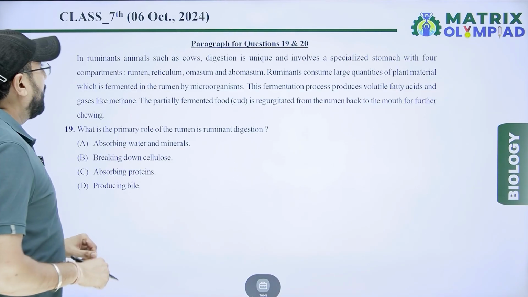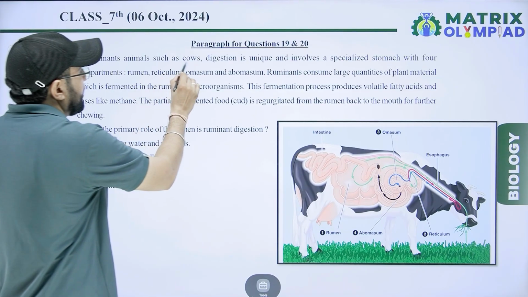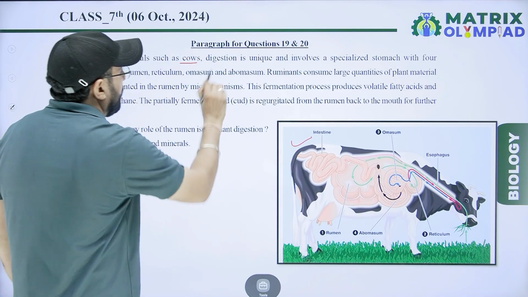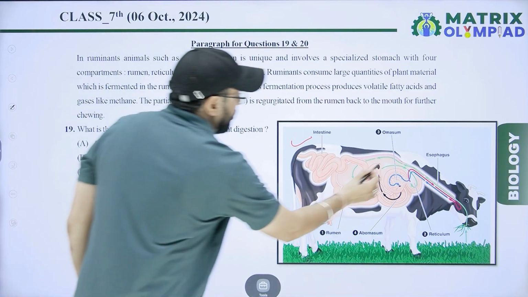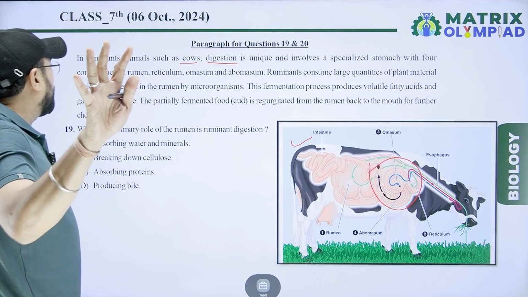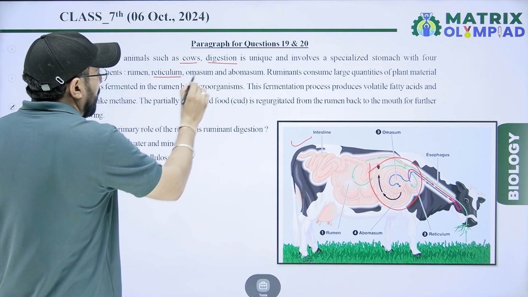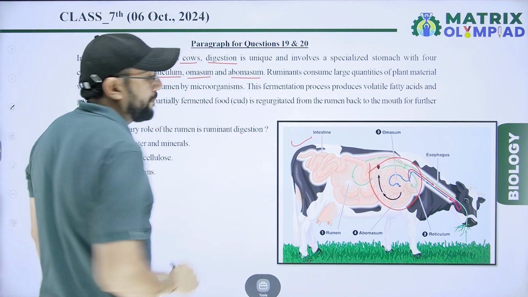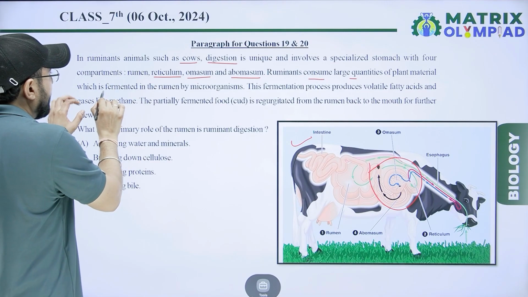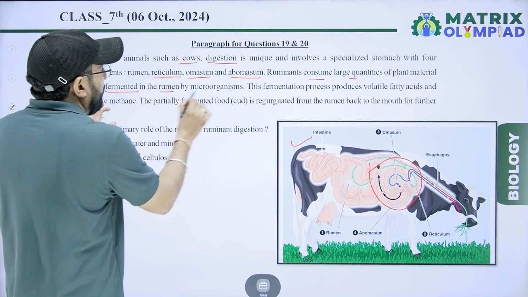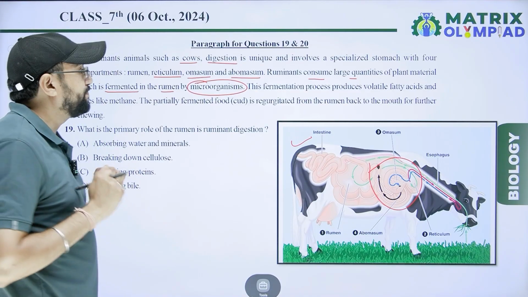Next is a paragraph question. In ruminants such as a cow, in the given diagram, digestion is unique and involves a specialized stomach with 4 compartments: number 1 rumen, second reticulum, omasum and abomasum. Ruminants consume large quantities of plant material which is fermented in the rumen by microbes, because so many microbes are present in the rumen.